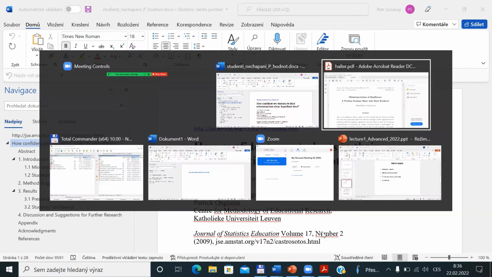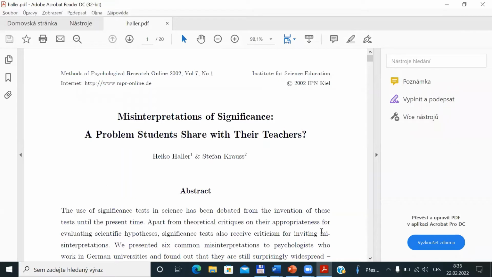I must say that more famous is another test, which was invented by German colleagues. Here is the original article, Harrer and Kraus, though I must mention that the original test was invented by Oakes in 1986, if I remember well. Harrer and Kraus applied this test many times, and that's why they are usually related to it.